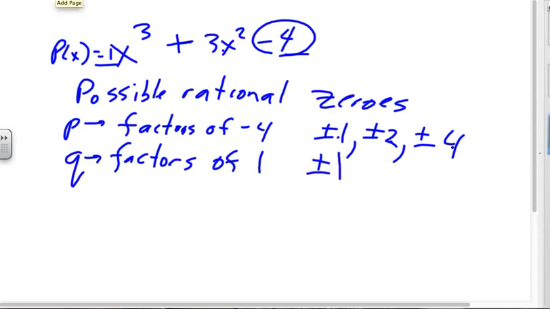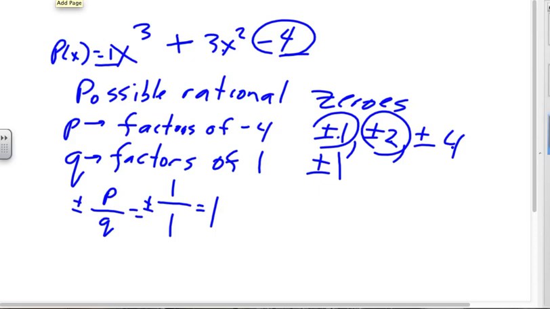So note these are going to take the form of plus or minus p over q. So I'm going to start with this one. So I'm going to have 1 over 1, which is 1. Then I'm going to go to this one, plus or minus 2 over plus or minus 1, which is going to be plus or minus 2.